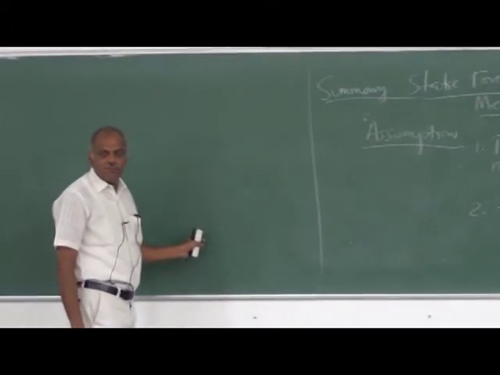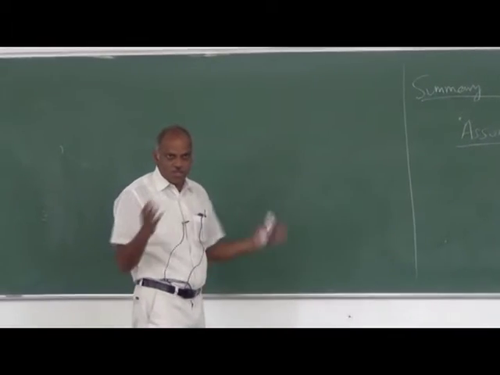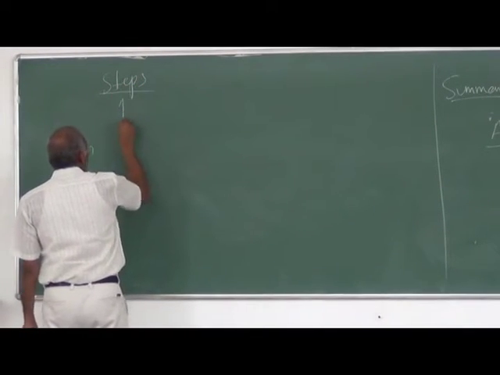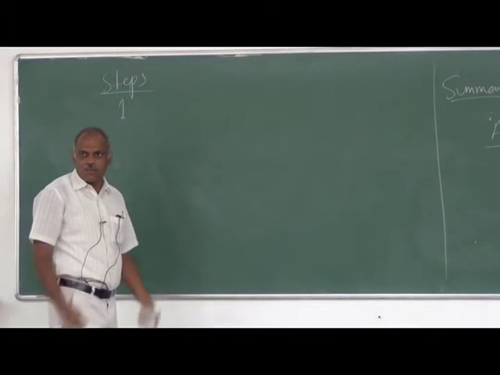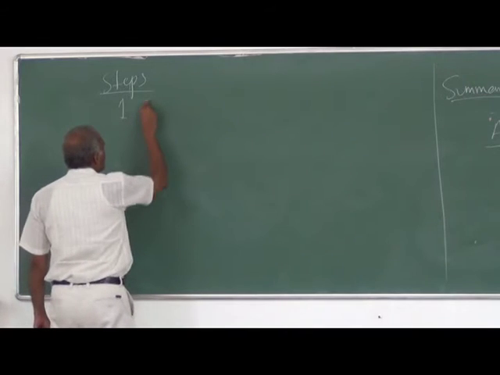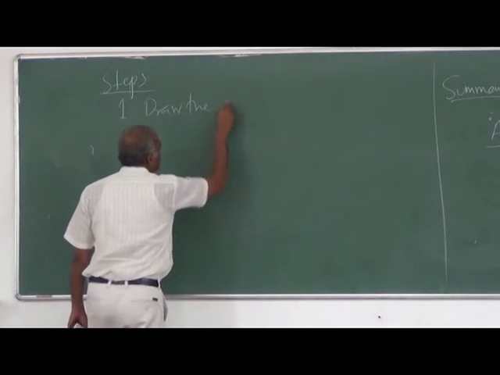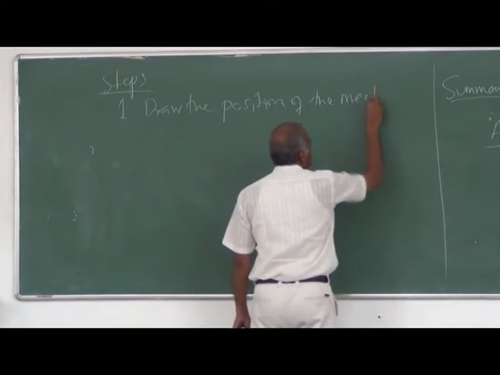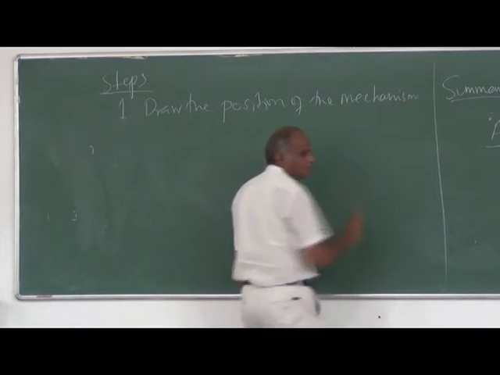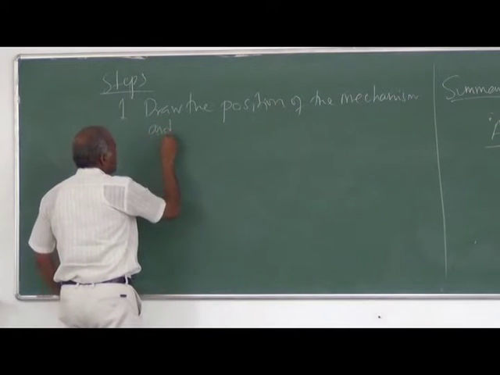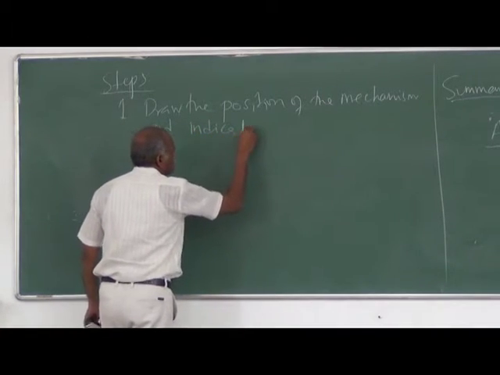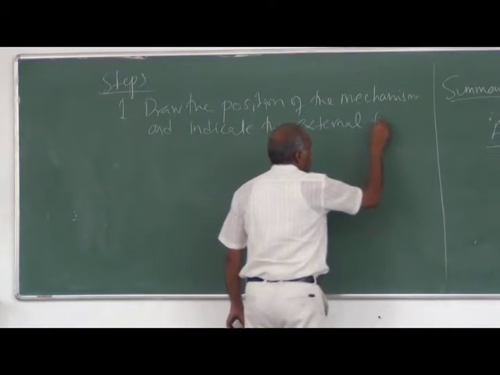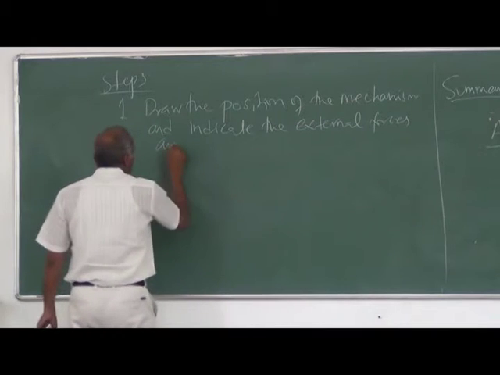Now, we will write down the steps involved. So, this is to summarize. What are the steps? First step, when you are trying to do the static force analysis, is to draw the position of the mechanism and indicate the external forces and the torque.